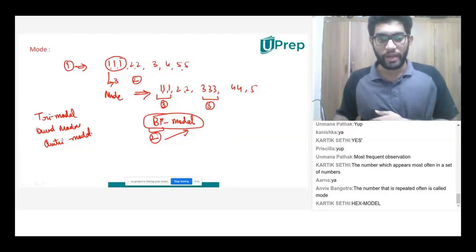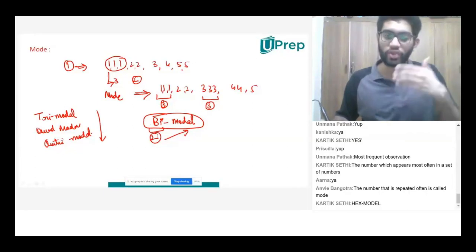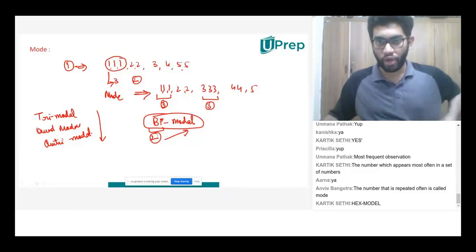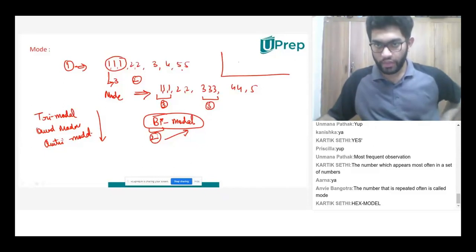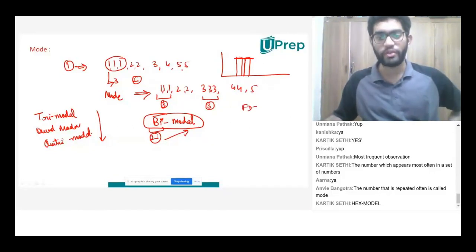Because after bimodal, if so many numbers repeat the same number of times, you cannot find a mode for such numbers. When I plot a graph, if there are two numbers with the same frequency, they are called bimodal. Or the one that repeats the most number of times, if I am drawing a frequency distribution table, becomes the mode. As simple as that.